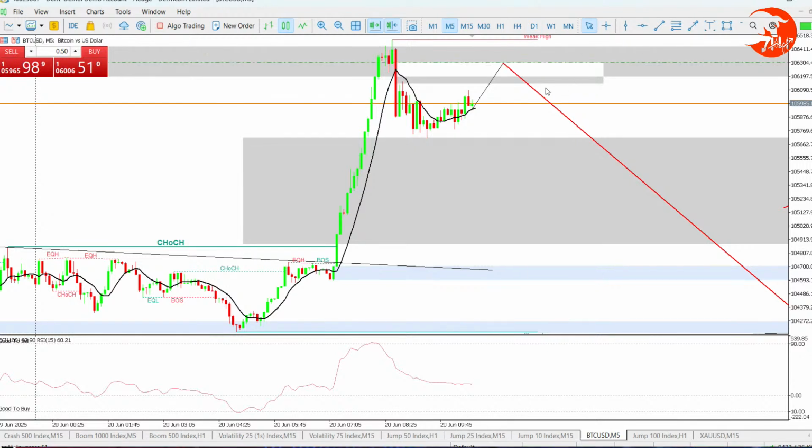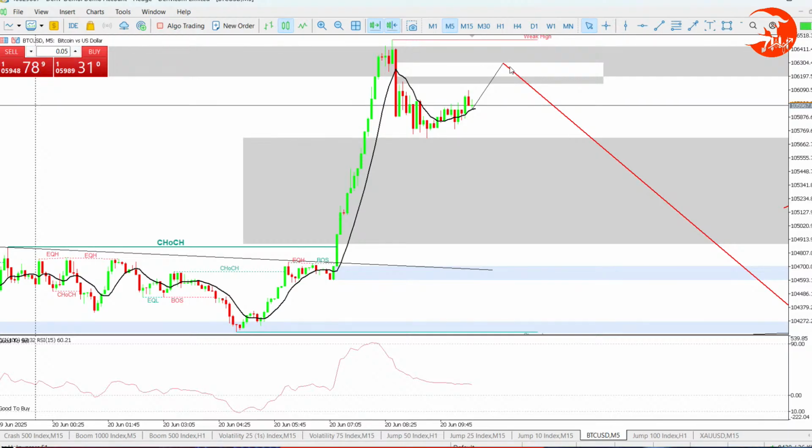I'm going to put my limit order right here, just wait for it to be activated and get into sells. All right, I think that's it on BTC.